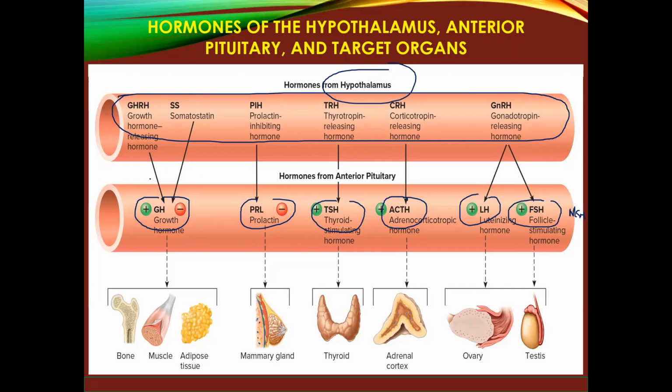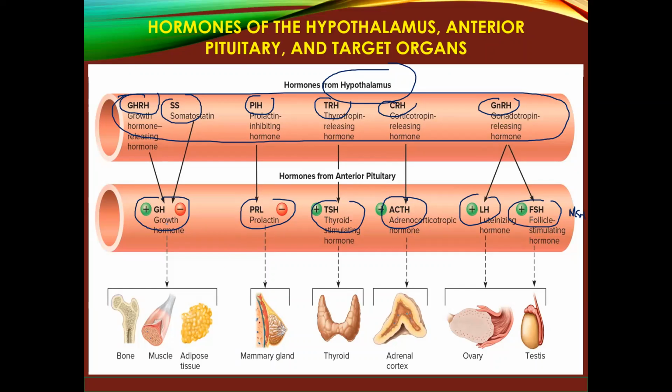Like growth hormone controlled by the GHRH and GHIH, like somatostatin. PIH controls the prolactin, PRH controls the TSH, CRH controls the ACTH, GnRH controls both LH and FSH.